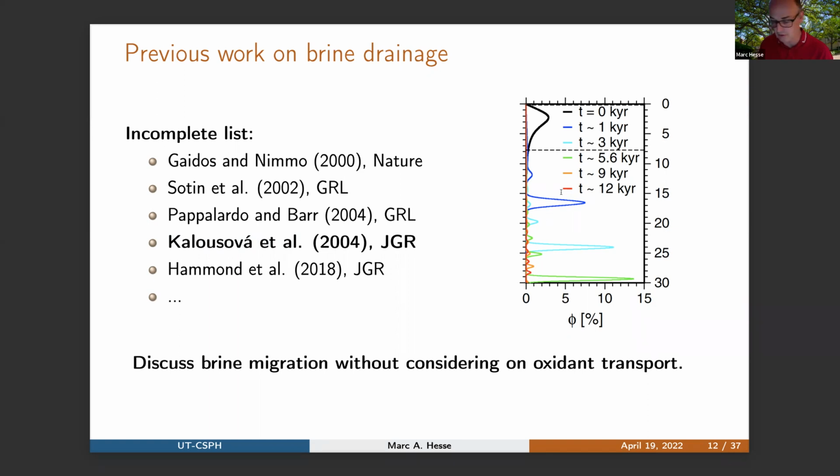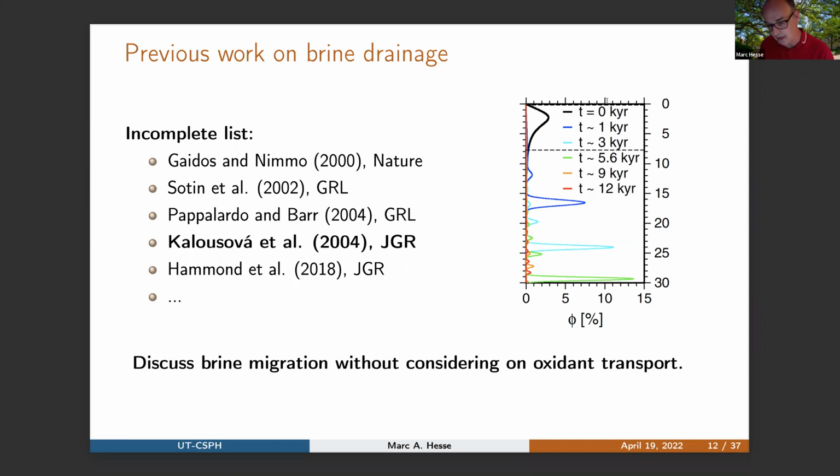One of the things that you see here is these Gaussian-shaped bumps, and these are solitary waves that form. They naturally arise in this kind of system of equations. That's a feature that's very common to melt migration, and you'll see that in our work as well. There are other people, and Noah Hammond has also worked on this.